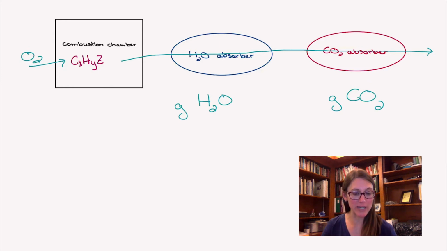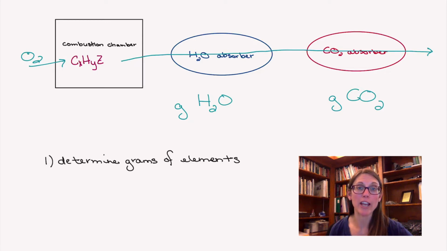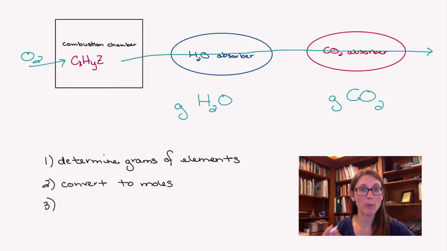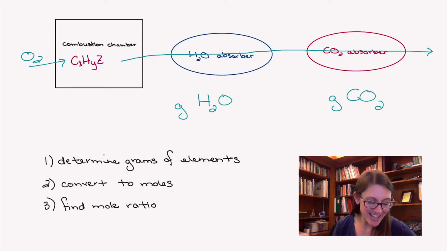As a reminder, when we were calculating empirical formulas before, our first step was to determine grams of all the elements that were present. Then we converted to moles, and lastly, we determined the mole ratio. What we're doing with combustion analysis is using a different method to determine the grams of each of the elements that are present.